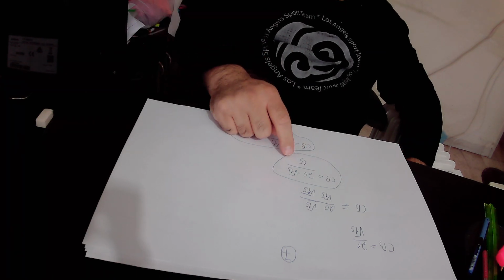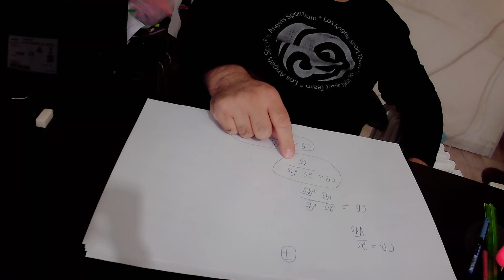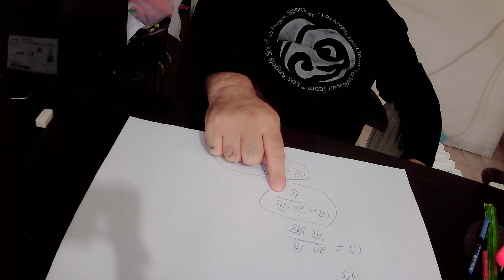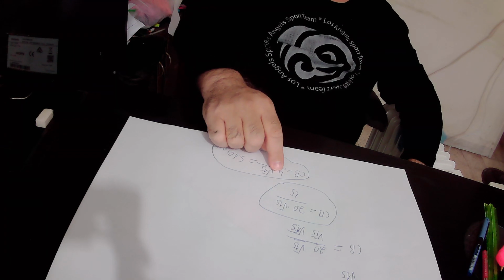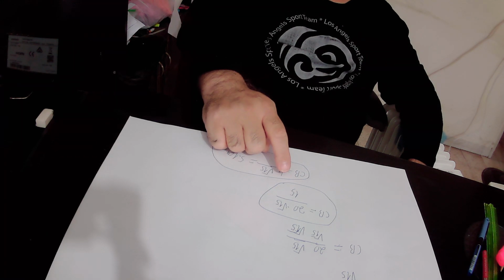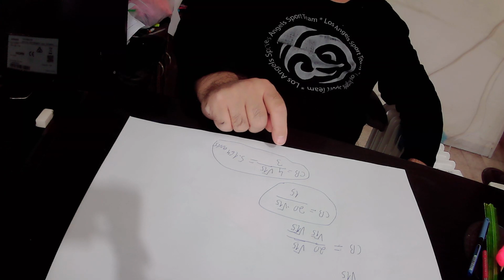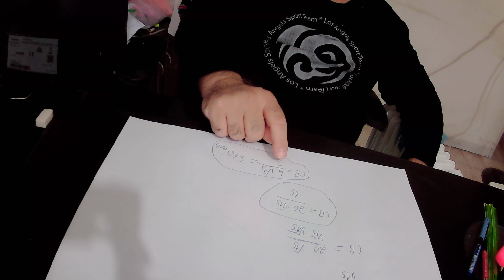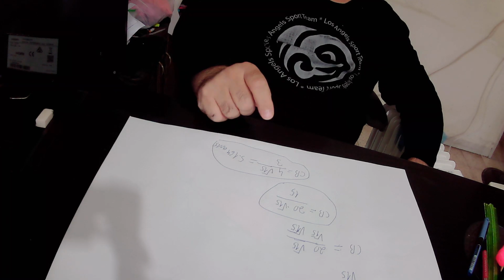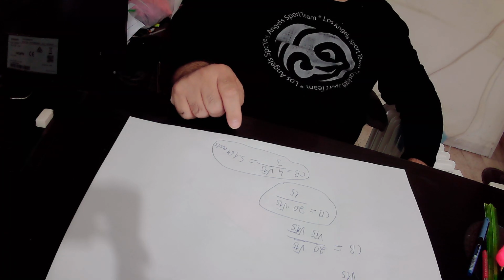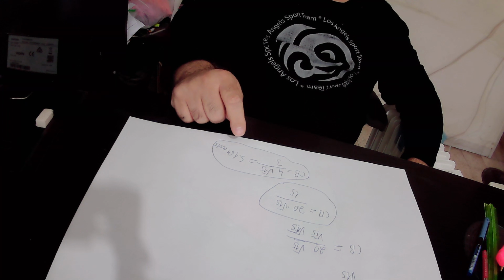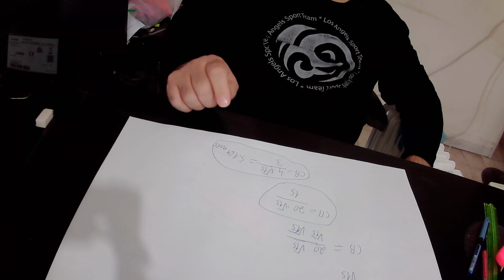Then we divide both the numerator and the denominator of this expression by 5. Here 20 over 5 is 4, 15 over 5 is 3. So in conclusion, CB equals 4 times the square root of 15 over 3 units, or in terms of numbers, 5.164 units.